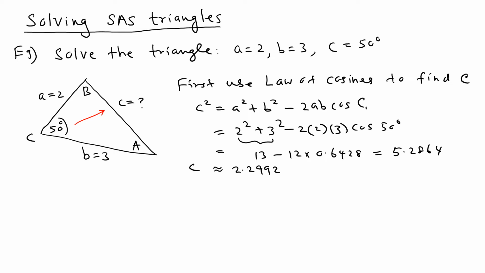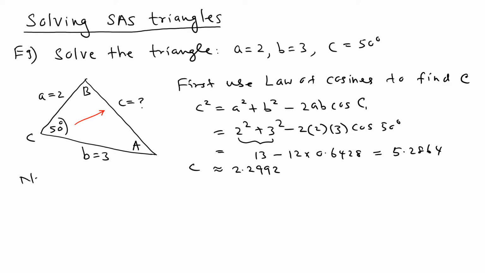Now you have two options. After we know c, now we know all three sides, so either we can use the cosine law again to find A or B, or, since we now know the C-c pair, we can use the sine law. So we're going to go that way. It's easier to simplify.